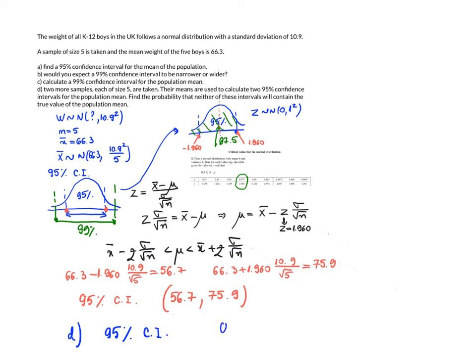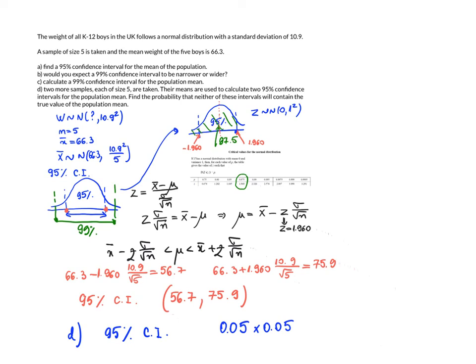So we expect that 5% will not contain the true mean. And because I generate this twice, the required probability will be 0.05 squared. Because the probability that the first interval will not contain the true mean is that one, and that's the probability of the second interval not containing the true mean. And this question assesses your understanding that 95% of all generated confidence intervals contain the true mean and 5% will not contain the true mean.